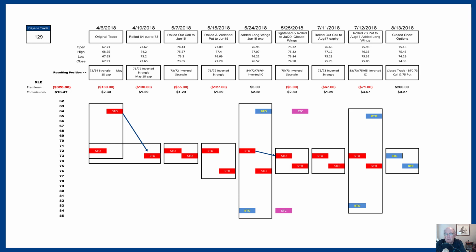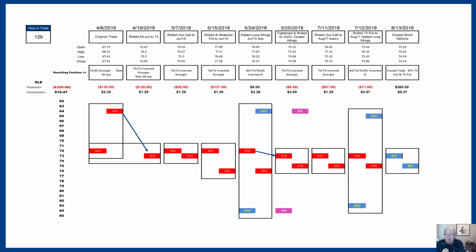Now, on April 19th, as you can see, I'll point it out to you, XLE jumped up quite a bit, about $7 a share. So I was forced to take a defensive step, and I converted this normal strangle into an inverted strangle.